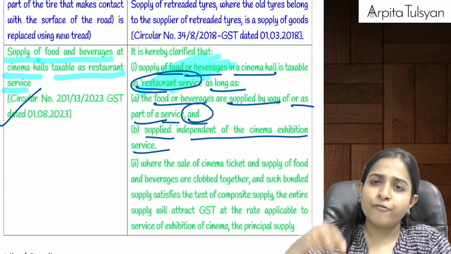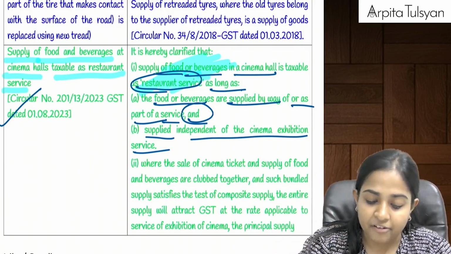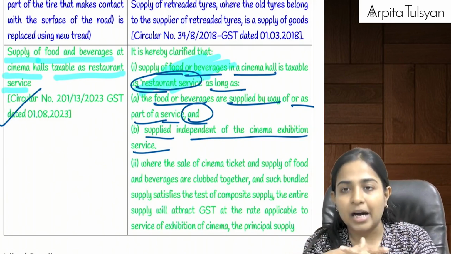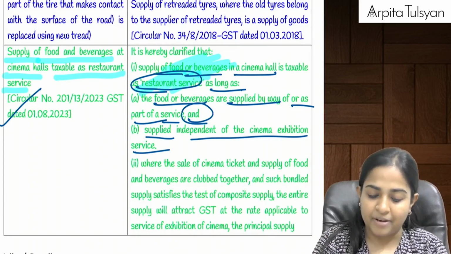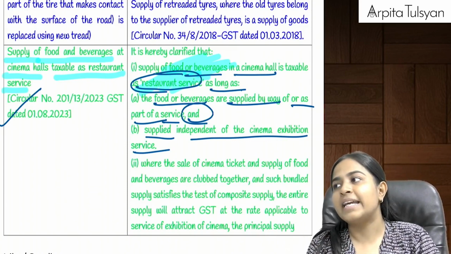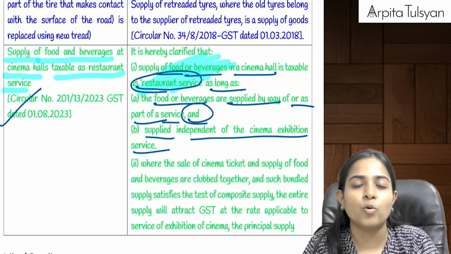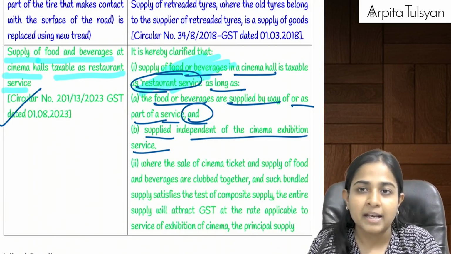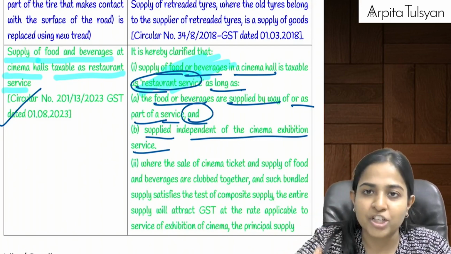So suppose you select yes and pay for the price of popcorn and Pepsi there itself, that is a combined sale of cinema ticket and food and beverages, bundled together. Here the principal supply, you are not going to the theater only to have popcorn or Pepsi, right? The main supply there is watching the movie.